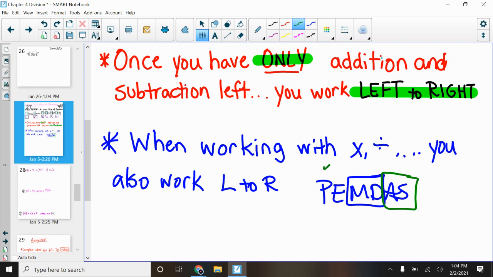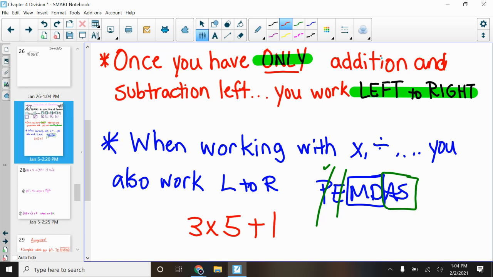You always do parentheses first. Once you've done all the parentheses, you then move on to the exponents. If there aren't any exponents, you then move on to multiplication or division. Whatever is in that problem, that's multiplication and division, you have to do all of the multiplication and all the division first. So if there's an example, like 3 times 5 plus 1, what would you have to do first, everybody? 3 times 5.